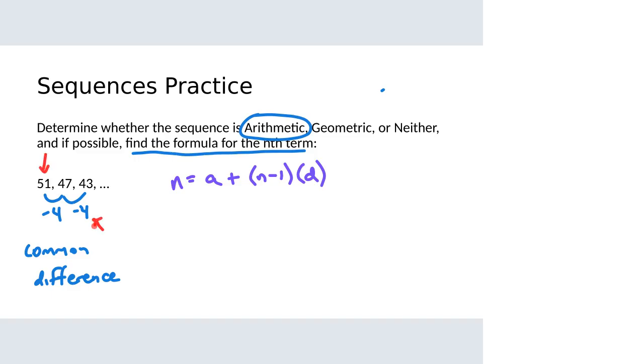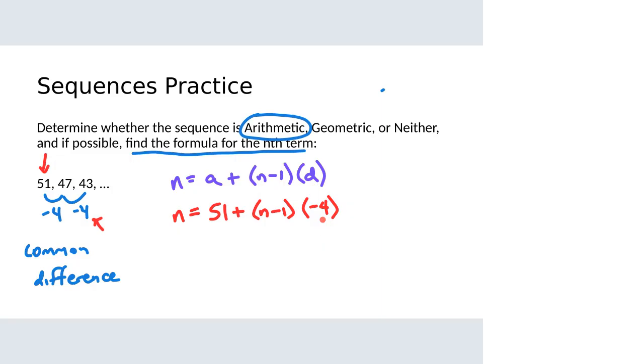There's two ways you can write this, and it's perfectly fine either way. One way is a_n equals 51, the starting point, plus n minus 1 times d, which is our common difference, of -4. That's how we handle the fact that it's going down as we go left to right, is our common difference is negative.